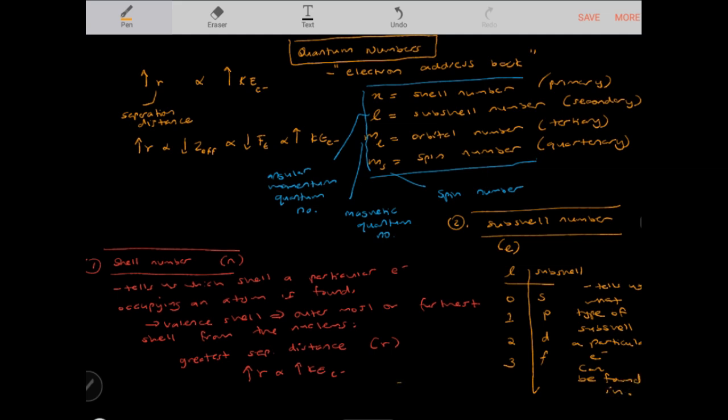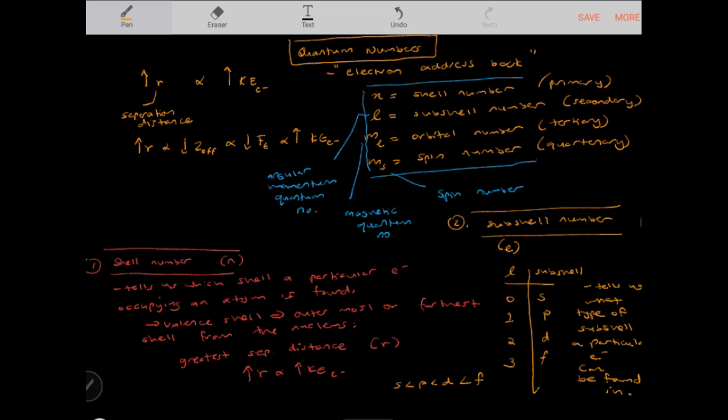So we understand that the energy of the subshells are as follows. The P subshell has more energy than the S subshell because the P subshell is further away from the nucleus within a given shell, right? Remember that subshells are found in a given shell, and so forth. The D subshell has more energy than the P subshell, and the F subshell has more energy than the D subshell.